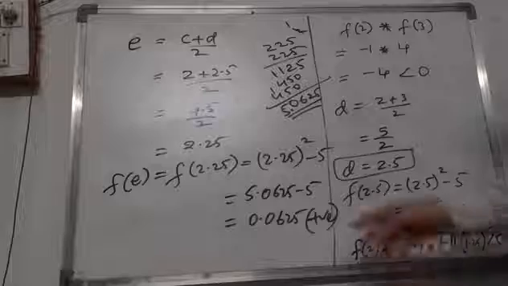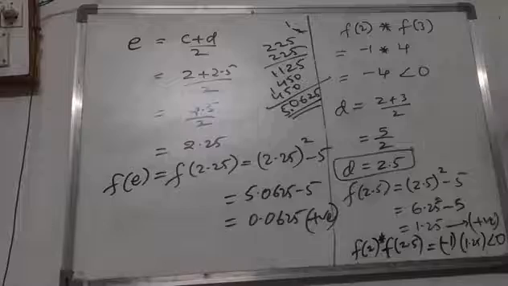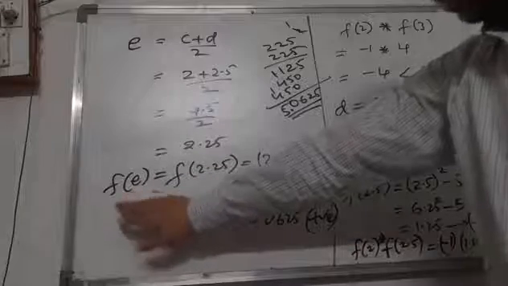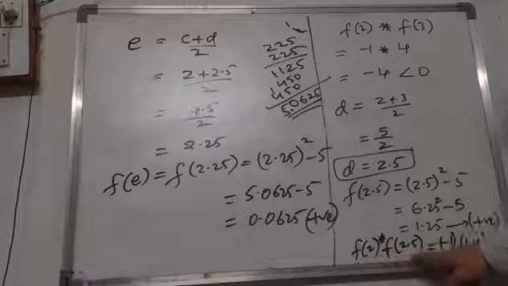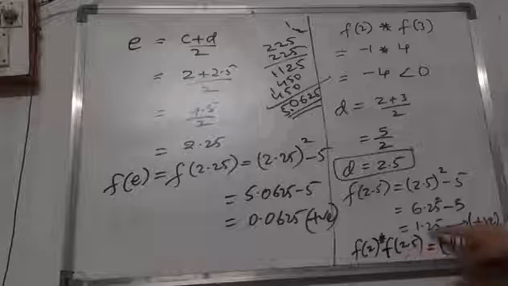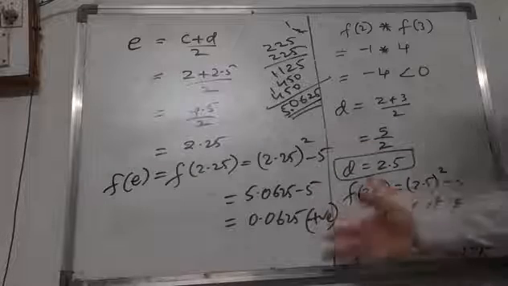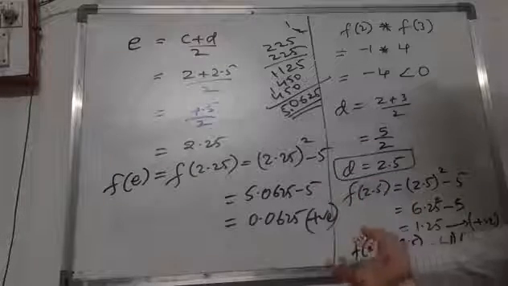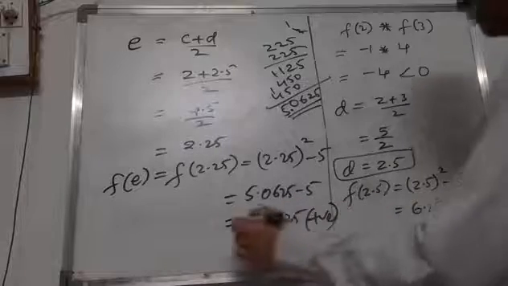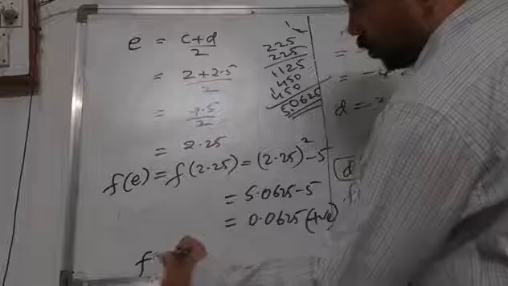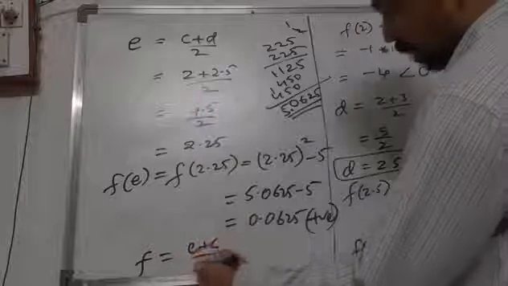And the nearest negative value for f of E is f of C. If you take f of D, what happened? F of D is a positive value we got. So we are not going to take positive, because positive into positive, it will be greater than 0. But we want to get less than 0. So for that reason I am taking the average, that is new root f is equal to E plus C by 2.